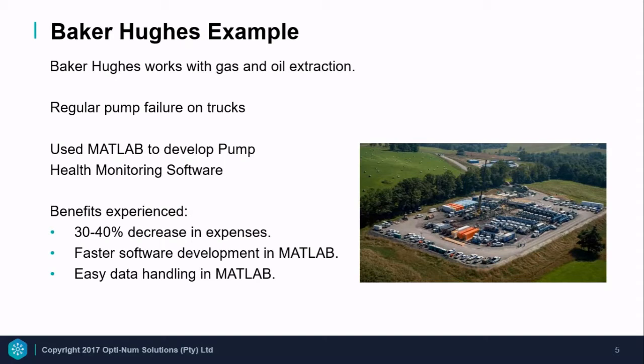They used MATLAB to develop pump health monitoring software, which helped them to predict exactly when their pumps would fail and prevent these failures. By implementing this system, Baker Hughes experienced a 30 to 40% decrease in their expenses. The engineers also stated that MATLAB allowed them to develop the software a lot faster, and they were able to handle the datasets very easily.